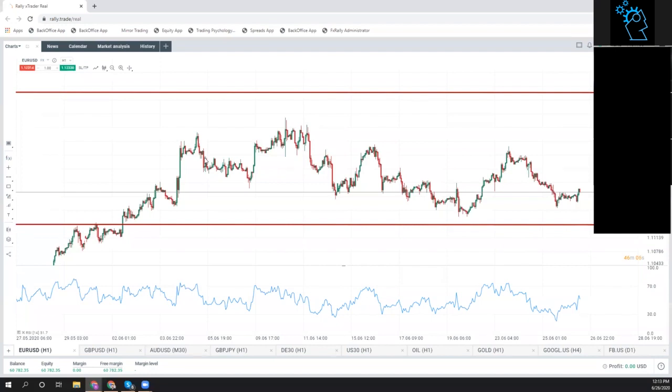We need to filter out the false signals and come up with a strategy that can actually give us a higher probability when it comes to placing a trade in the market.